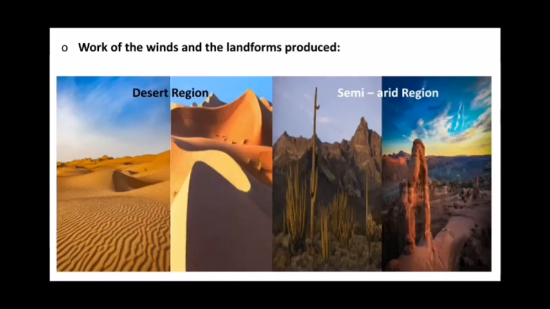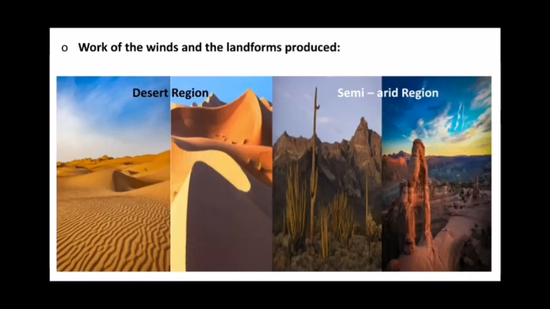The erosional, transportational and depositional work of wind is more in areas like desert and semi-arid regions. So these are all dry regions. Children, in the last chapter, we learned about mechanical weathering. Similarly, mechanical weathering also takes place in desert regions or semi-arid regions.